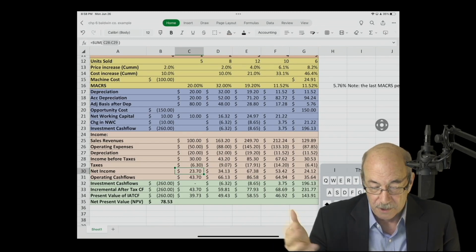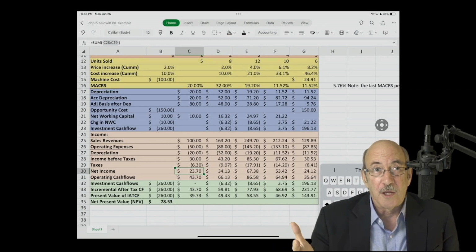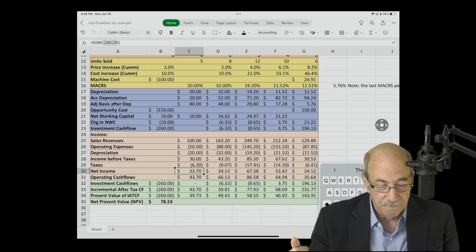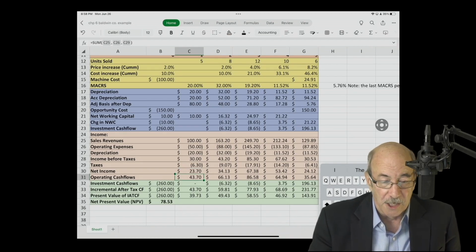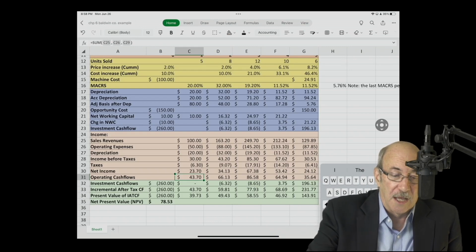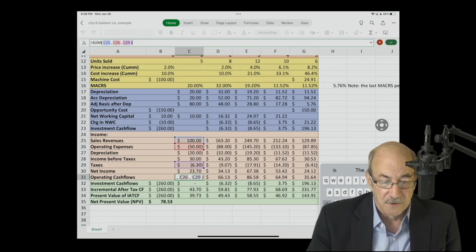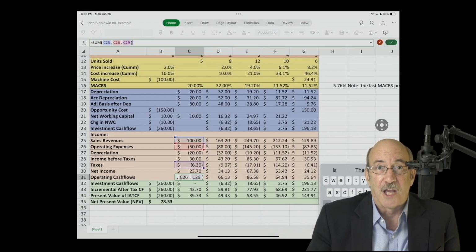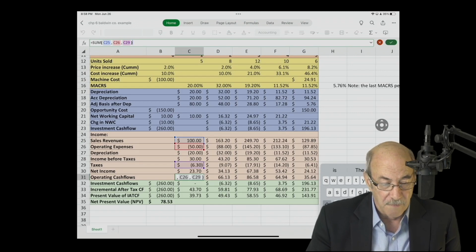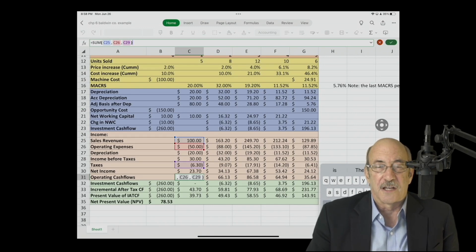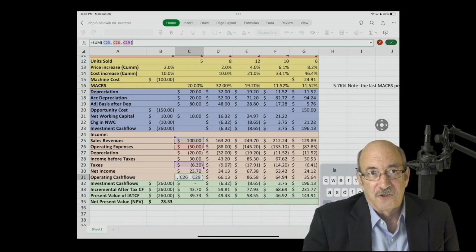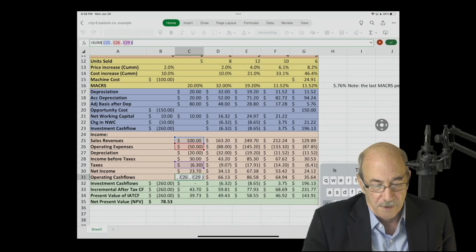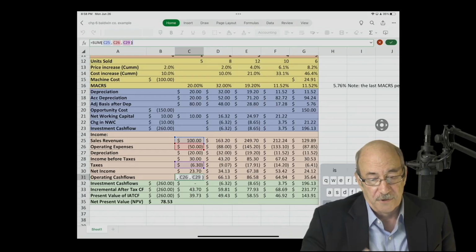But it does tell us what we'd actually see on the income statement if we were looking at it for this project. Now we have our operating cash flows. And again, that's a formula. So it's simply the revenue minus the operating expenses minus the taxes. And since I've taken the form of using sums, I've made sure that my cash outflows are negatives.